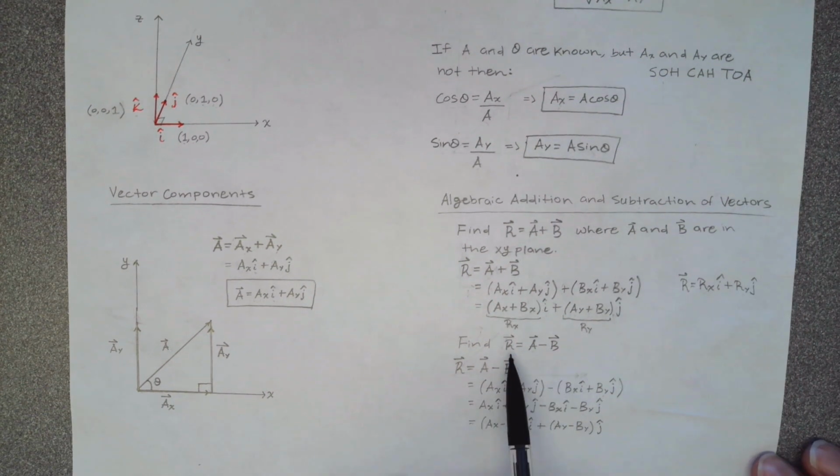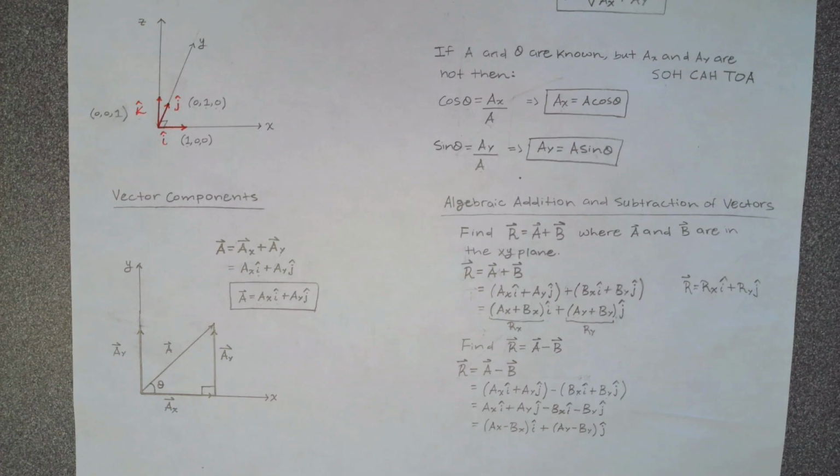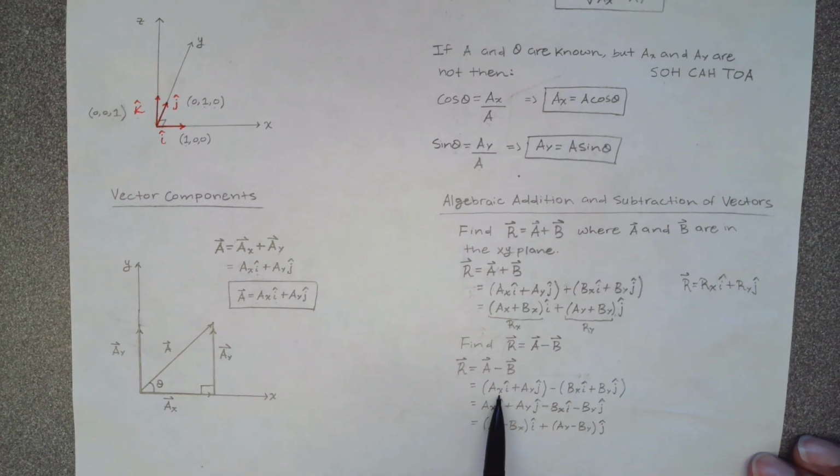If you want to find r, but this time r is A minus B, then I will write A as ax i hat plus ay j hat, and then I have this minus sign, then B is bx i hat plus by j hat.